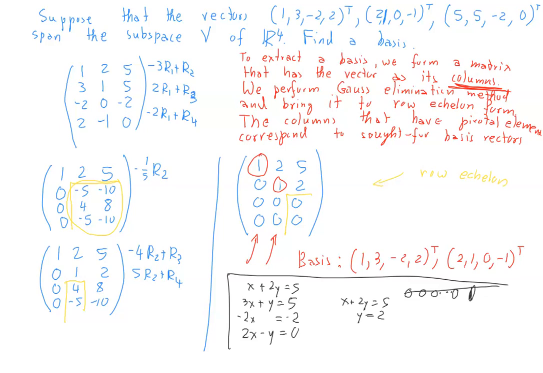So I know that y is 2. I plug it into the first one. I get x plus 4 is equal to 5, which gives me that x is equal to 1. So x is equal to 1 and y is equal to 2. And you can check it. You can plug it into all the equations and you can see that. And there was another question as I was answering this that said the following.